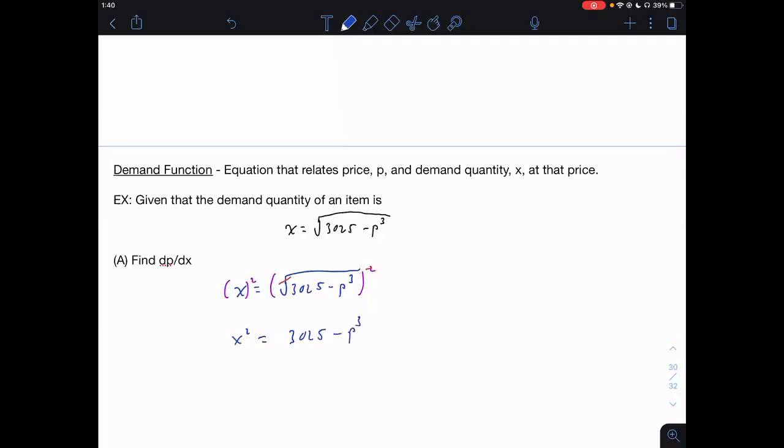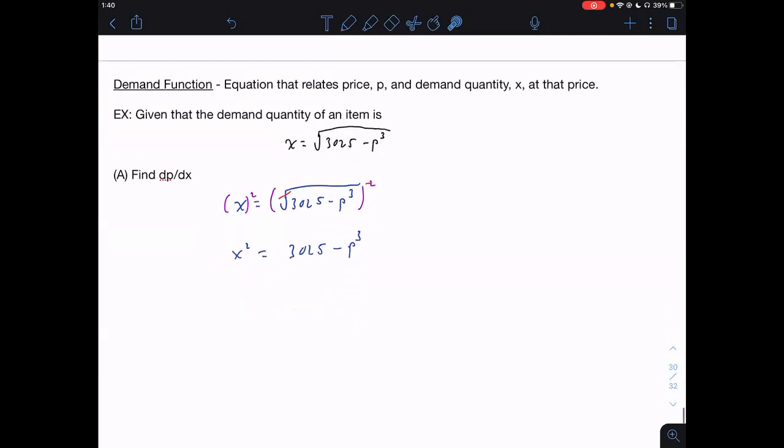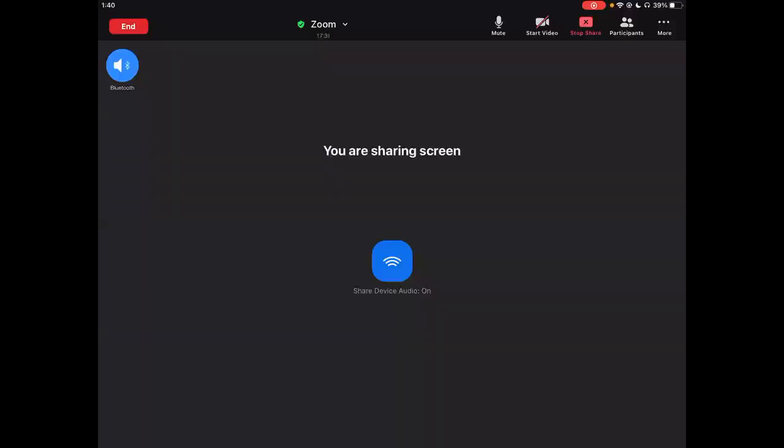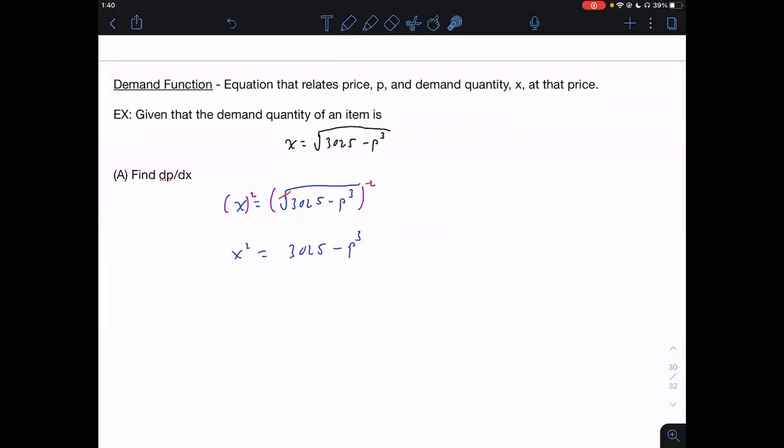So now we don't have to worry about any radicals or applying any chain rule, because now we just have individual terms. So always try to see if we can find any shortcuts. Now we just have individual terms that we're going to be finding the implicit derivative with respect to.